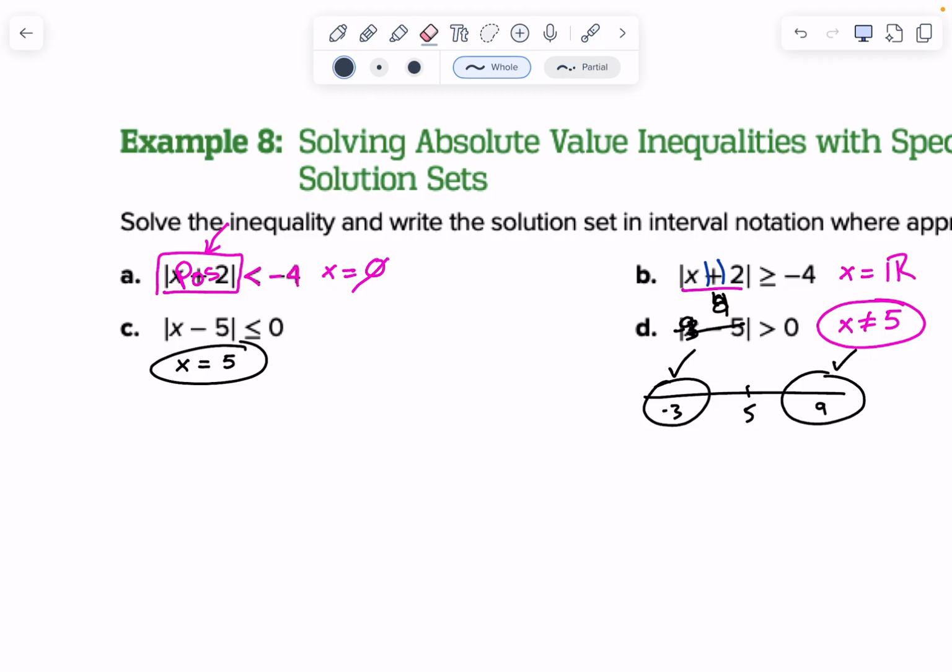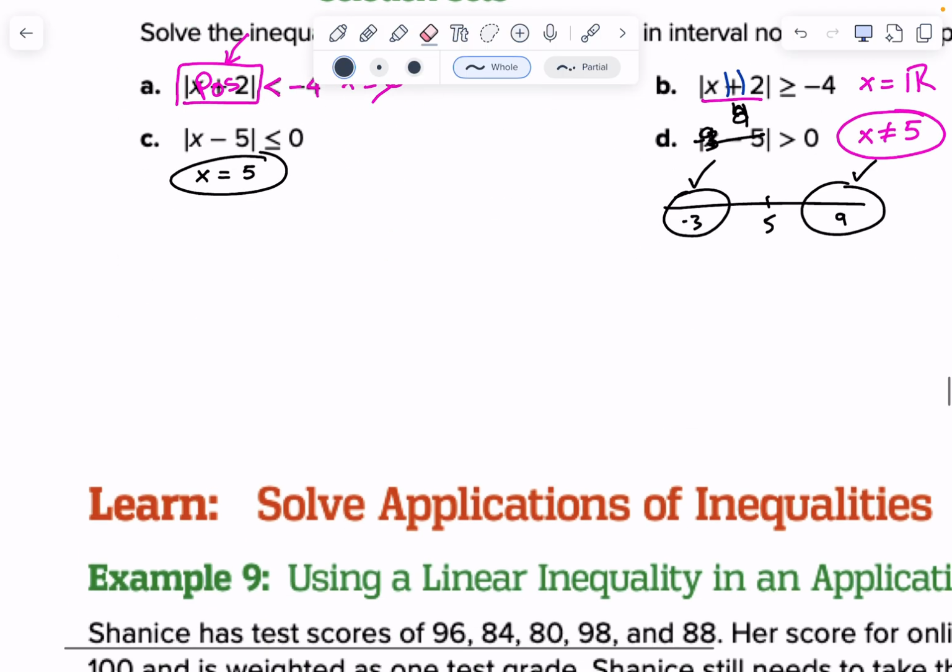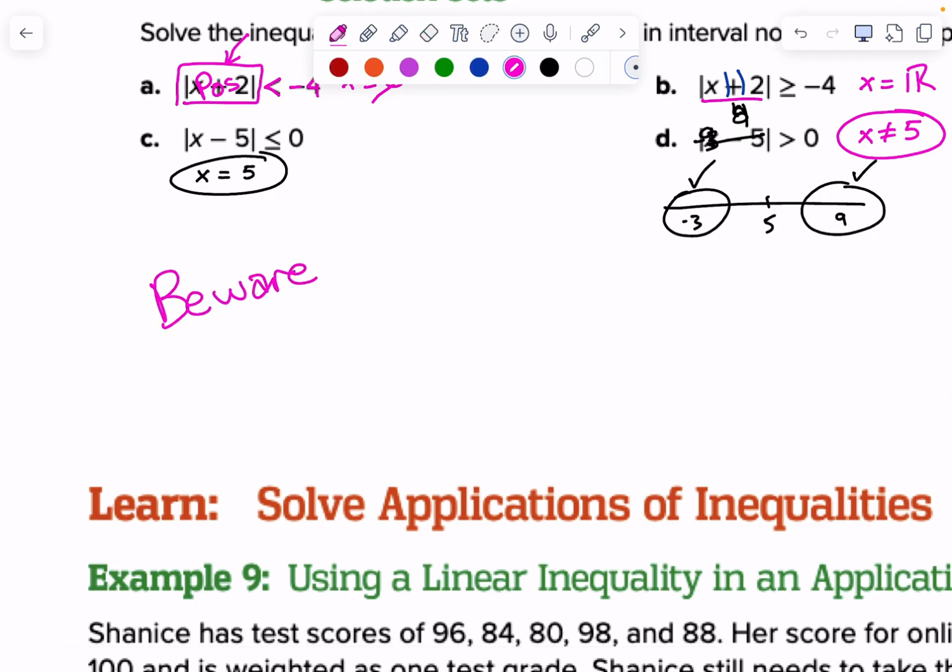Weird things, okay? Two things you need to be aware of. Beware: if the absolute value of something is greater than, less than, or equal to a negative number, or the absolute value of something is greater than or less than 0.